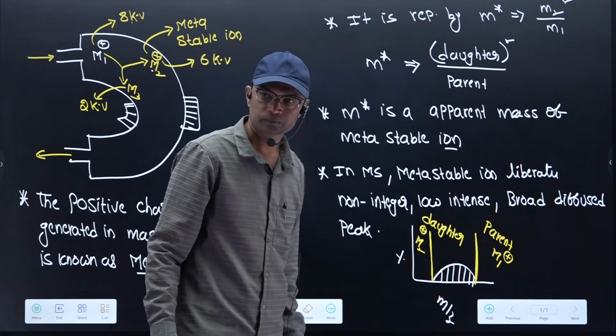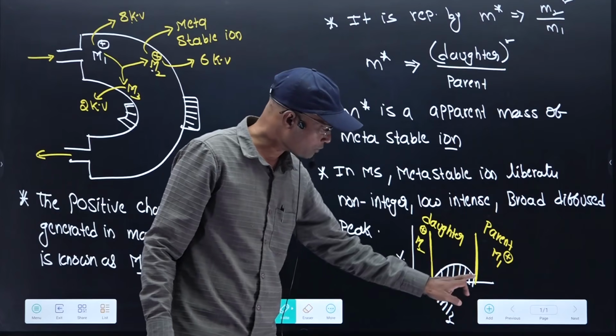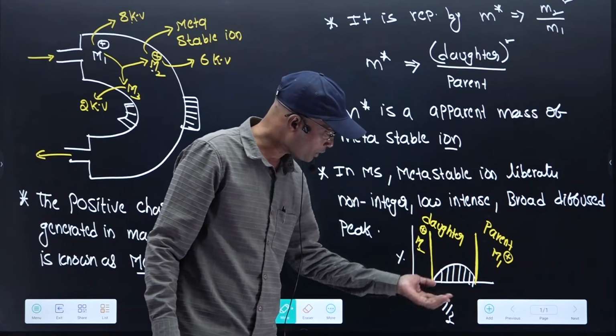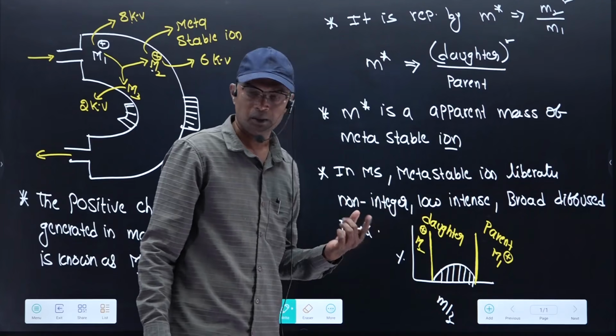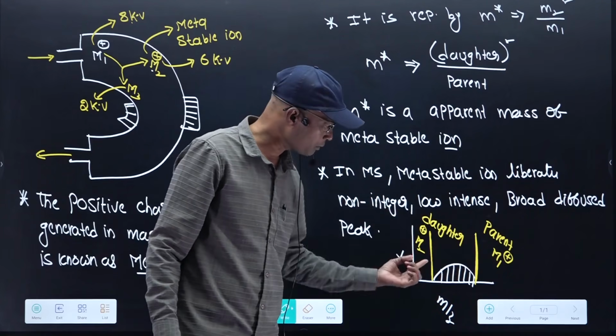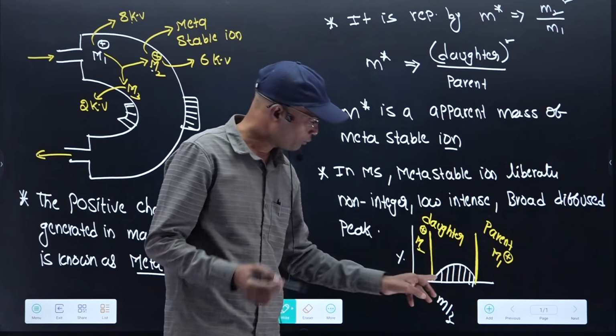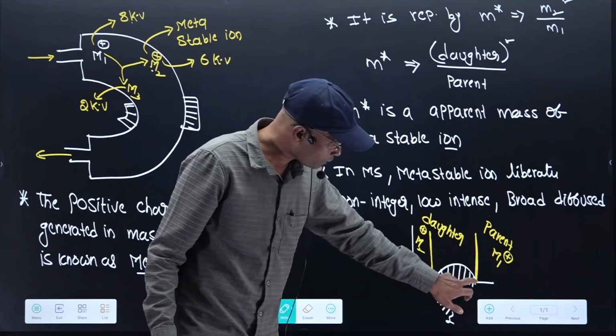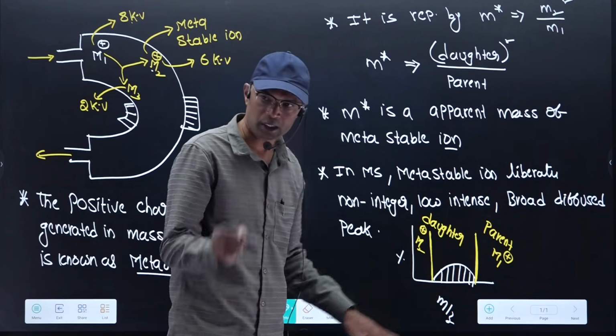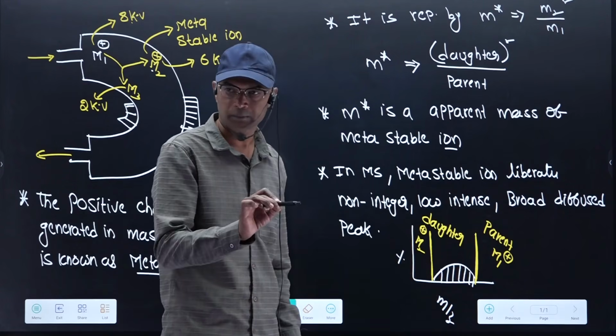This diffusion never starts with the parent, and never ends with the daughter. That depends upon the fragments. Because between M1 and M2, if some more ions are coming, we write this m by z value over here only. So don't draw this line from parent to daughter every time.